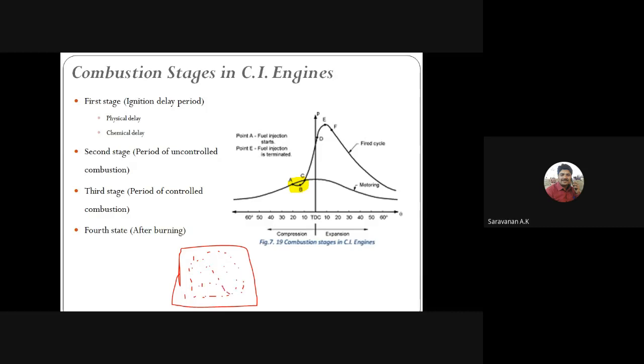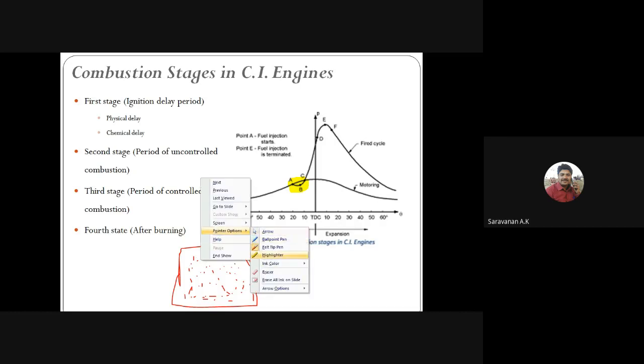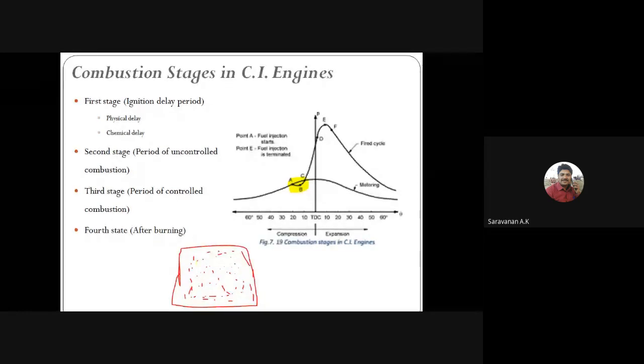The air and fuel mixture will be there. Due to the first stage, the chemical delay, we have one or more flame appearances.